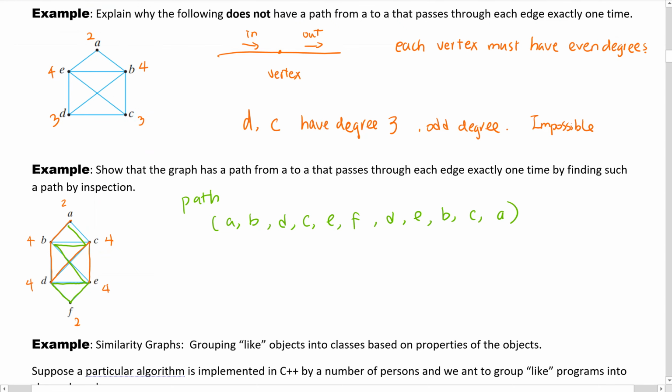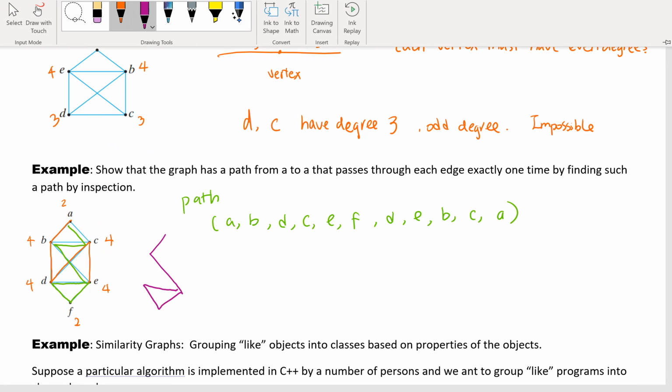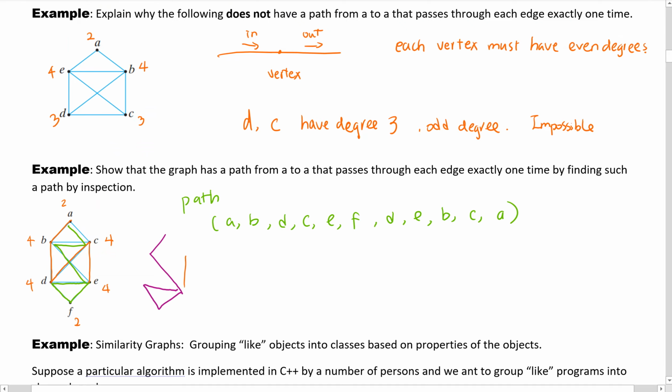Let's see. We can do A, B, E, F, D, E, and let's change to a different color. And then we can do C, D, B, C, A. You can see this path also goes through all the edges exactly once.